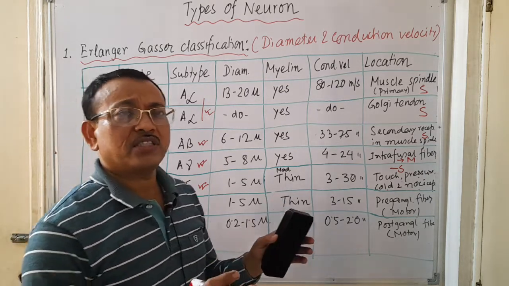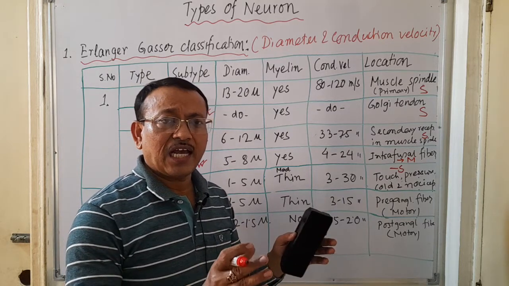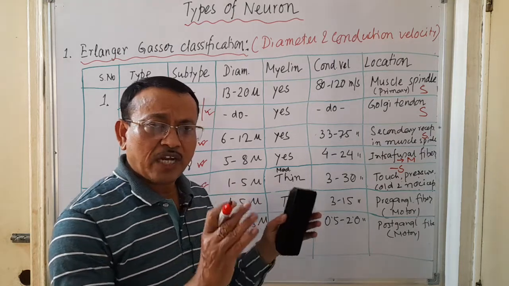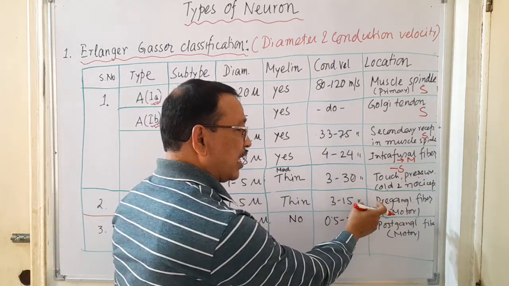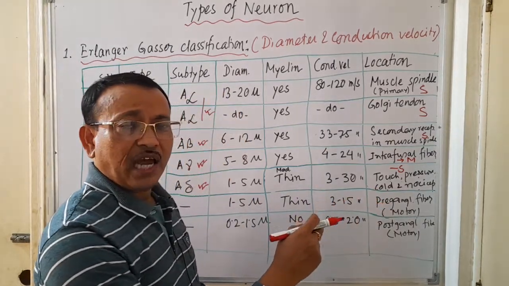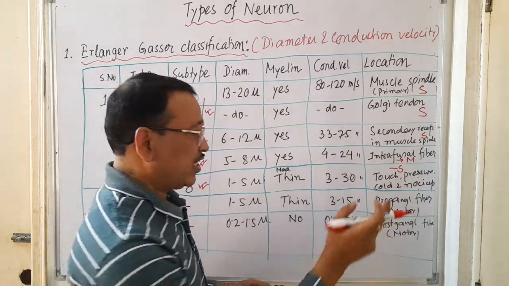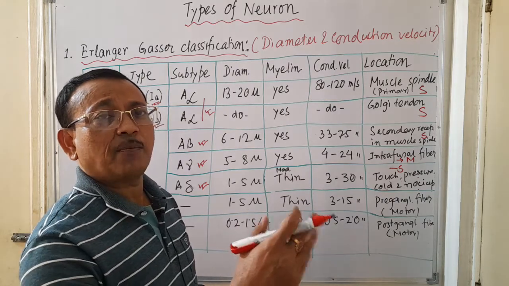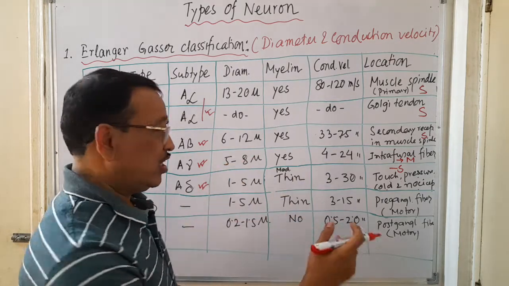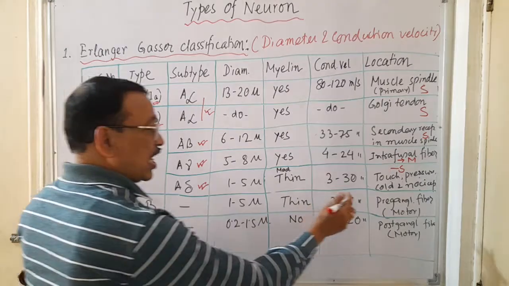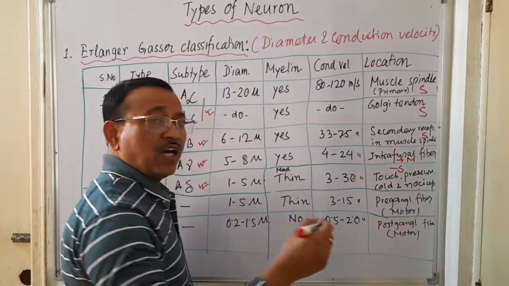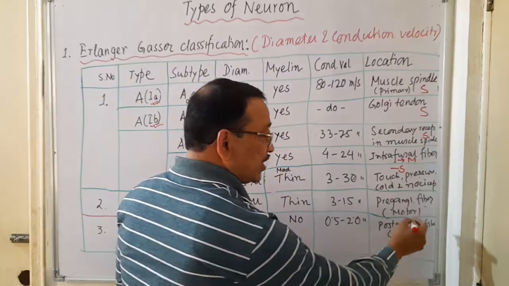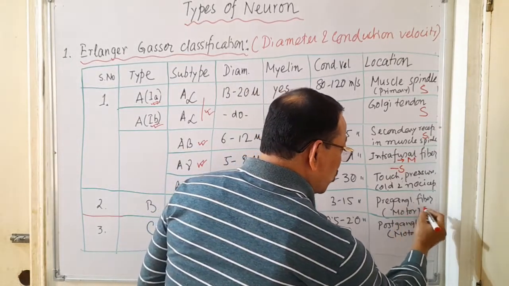And the autonomic nervous system has a ganglia which is close to the visceral organ, and up to that ganglia, that fiber is known as the preganglionic fiber, and beyond the ganglia, that fiber is known as the postganglionic fiber, which gives the supply to the visceral organ. So B type of fibers are present at the autonomic ganglia in the preganglionic fiber form, and these are motor in nature.